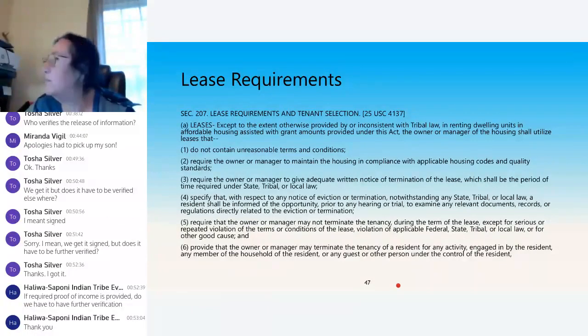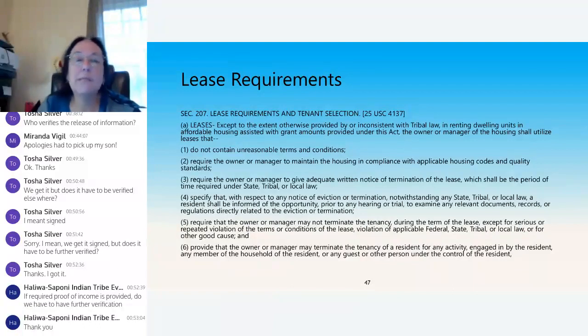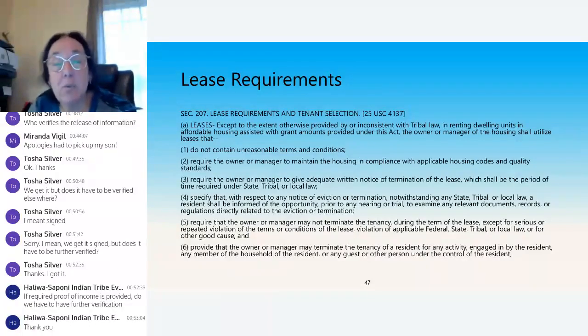Okay, so we're going to get back here. I won't be able to see anybody in chat until I check it again. So your lease requirements, section 207, the lease requirements and tenant selection. Leases, except to the extent otherwise provided or inconsistent with tribal law, in renting dwelling units in affordable housing assisted with grant amounts provided under this act, the owner or manager of the housing shall utilize leases that cannot contain unreasonable terms or conditions.